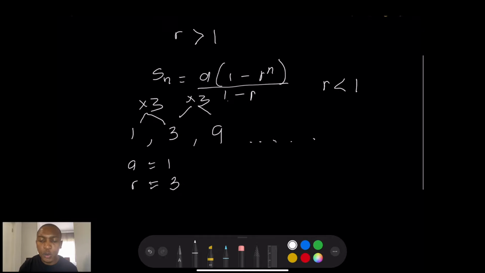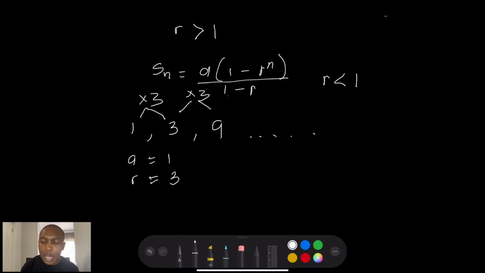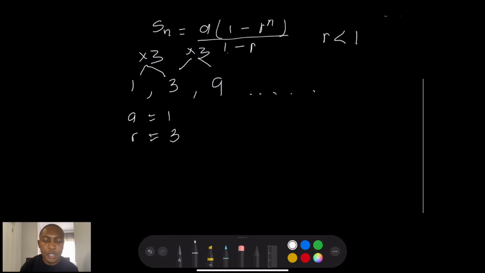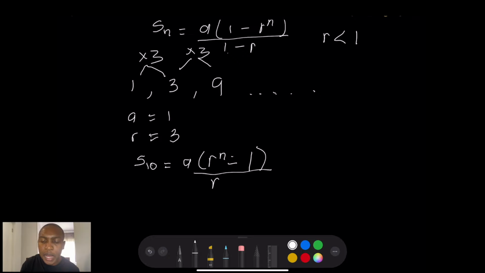So to get the sum of the first 10 terms, S10, this is going to be A(r^n - 1) divided by r - 1. We know the value of A is 1.